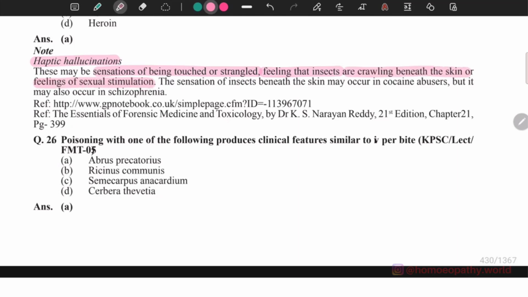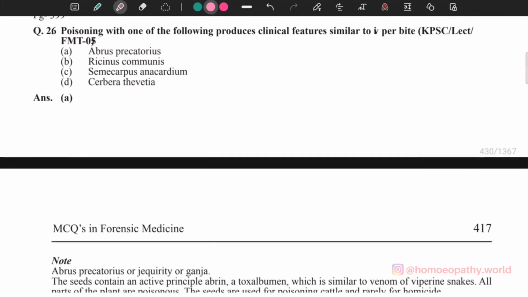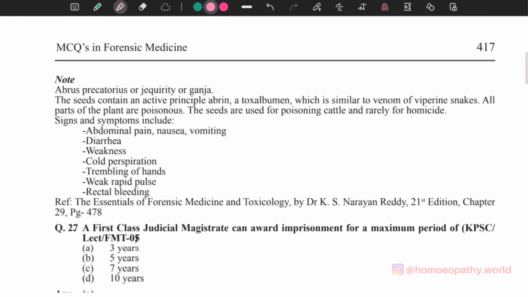That is known as haptic hallucinations. Poisoning with one of the following produces clinical features similar to viper bite. A. Abrus precatorius, B. Ricinus communis, C. Semecarpus anacardium, and D. Cerbera thevetia. The answer is A. Abrus precatorius shows clinical features similar to viper bite.